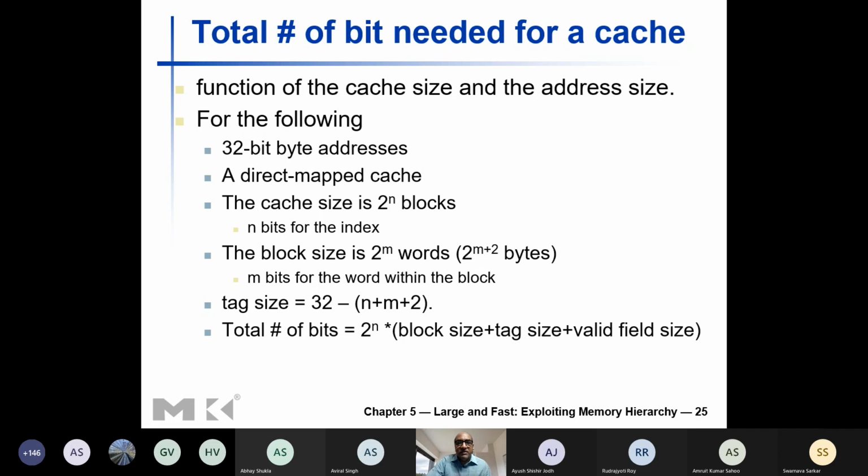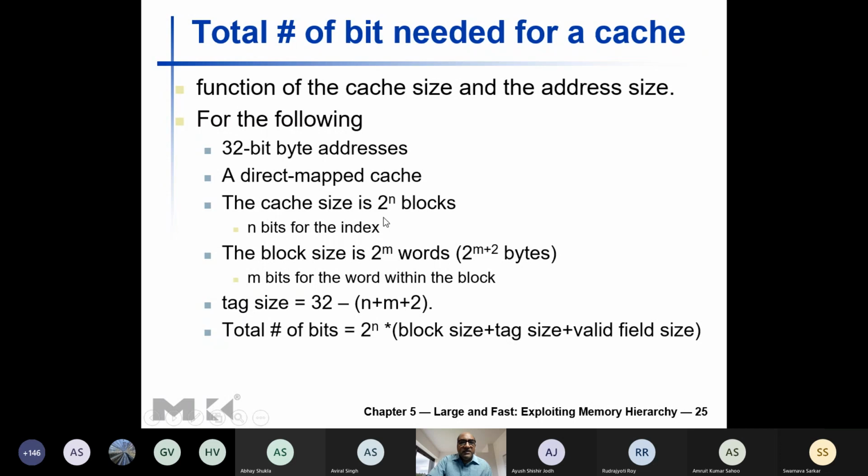If we take the previous example, we know that the CPU generates a 32-bit byte address, right? So in case of a direct mapped cache, for example, the mapping of cache and memory.